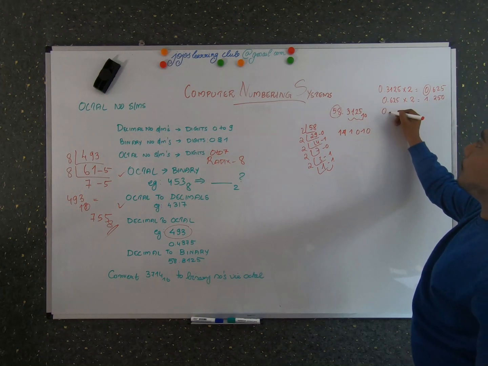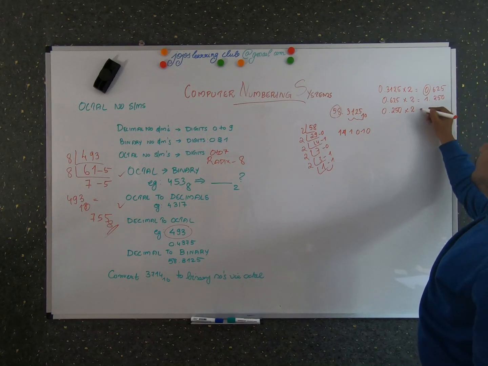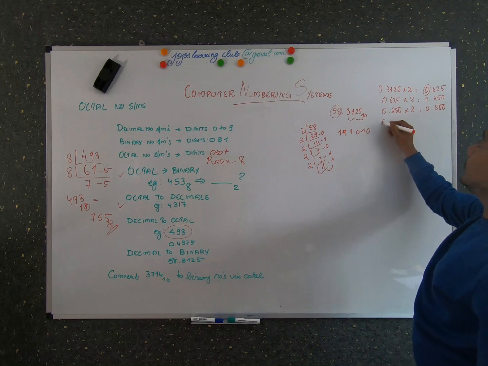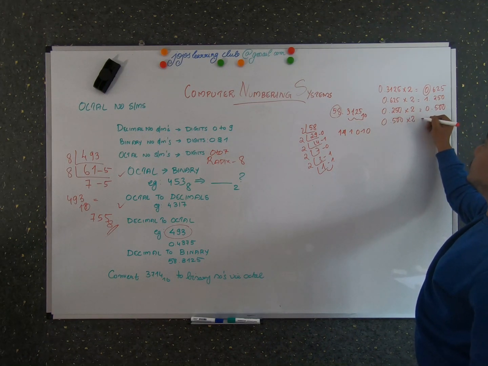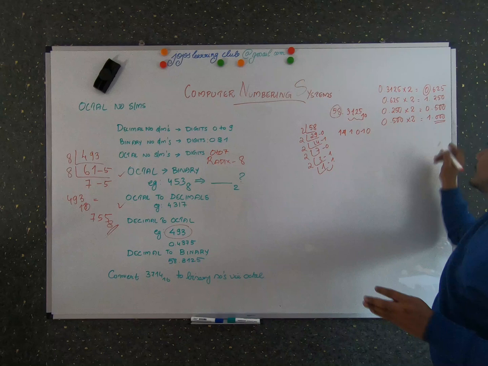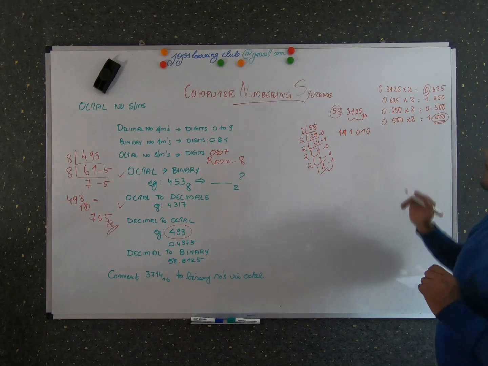Now take 0.250 and multiply it with 2. Now you have 0.50. Now 0.50 times 2 is 1.00. You know that you have to calculate the fraction until you get 0 here. So that's all you have to do.